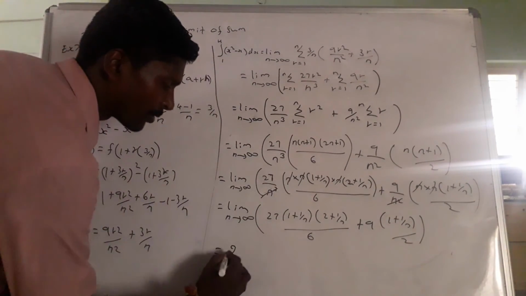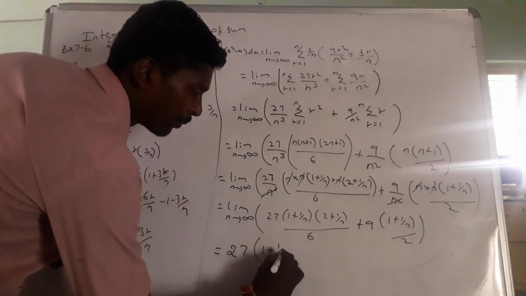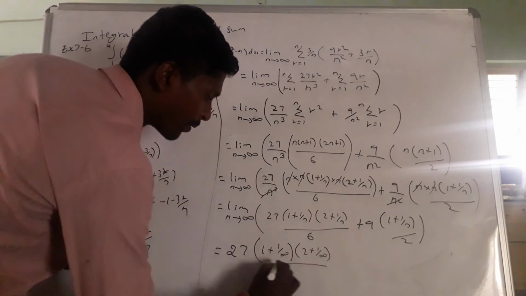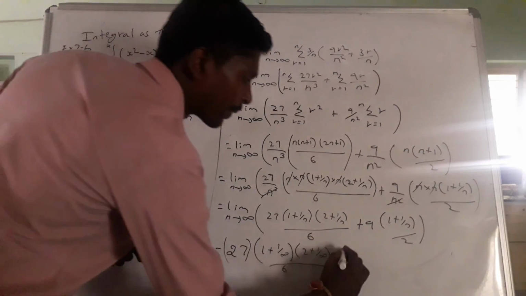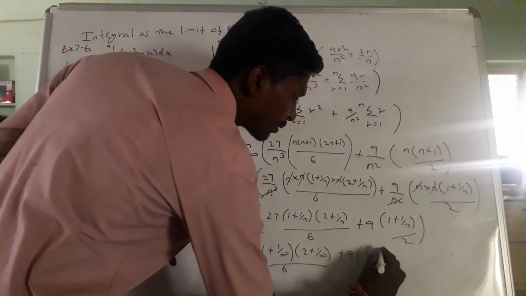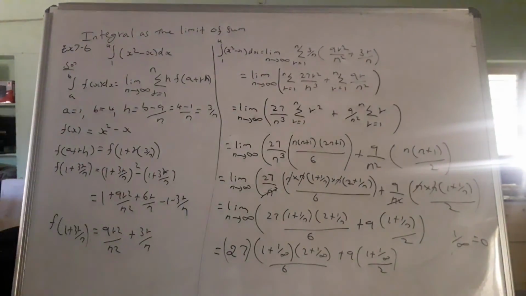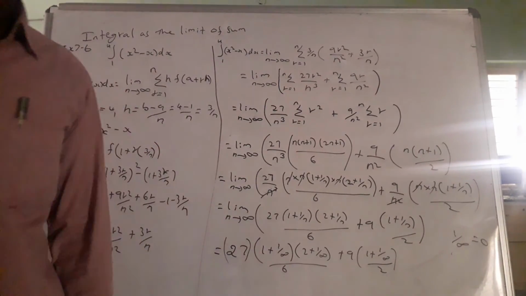Then at the next step you can write 27 by 6, 1 plus 1 by infinity, and 2 plus 1 by infinity by 6. 27 is multiplied here. Then plus 9 into 1 plus 1 by infinity. The value of 1 by infinity is 0. Wherever we have 1 by infinity, you can put 0.